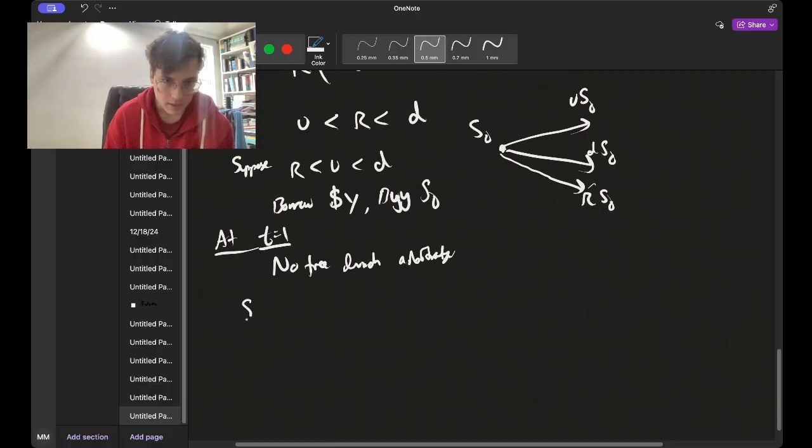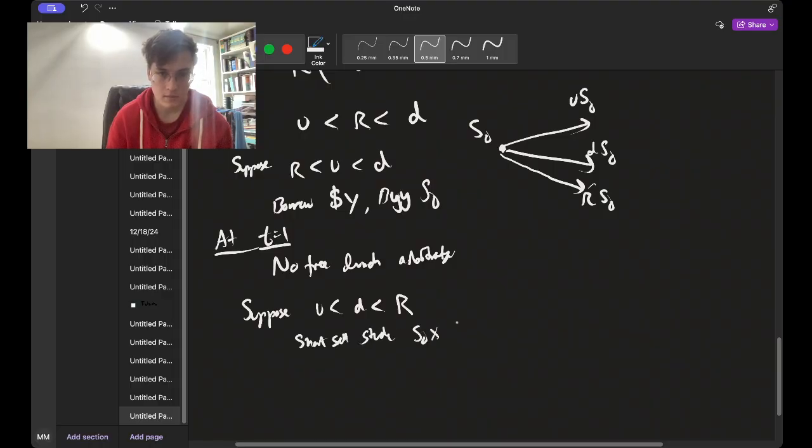Okay. And then a very similar argument in the other direction. So suppose this, right? Then it's probably best you short sell the stock, then take the money that you got from short selling it, S0 times X or whatever, and put it all into the cash account.